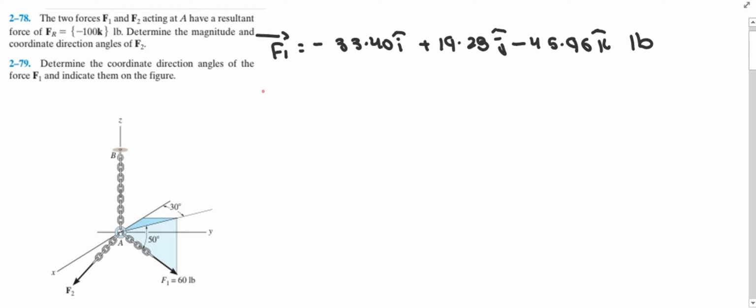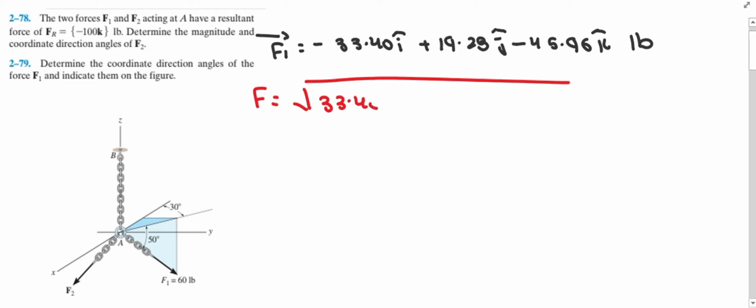Now, what about its magnitude? So F, which is equal to under root 33.40 whole square with positive 19.28 whole square with positive 45.96 whole square. So grab the calculator, put the values into it and solve it for the magnitude of F.